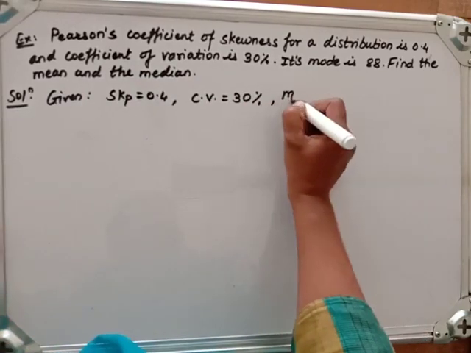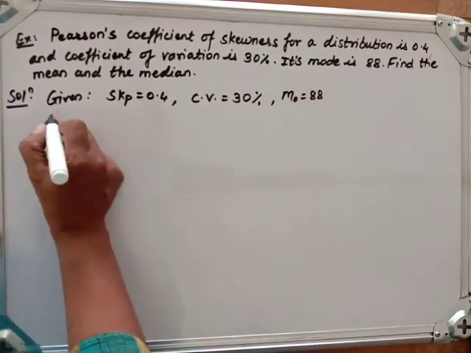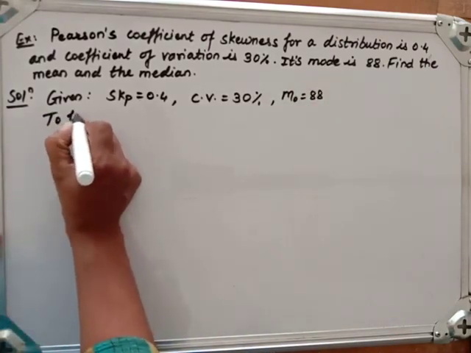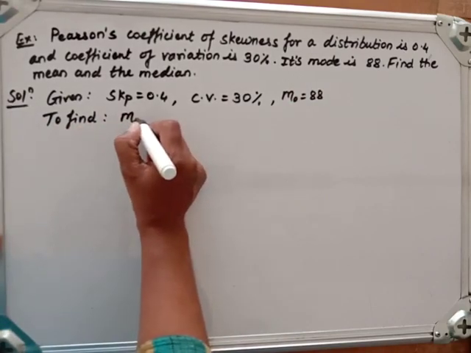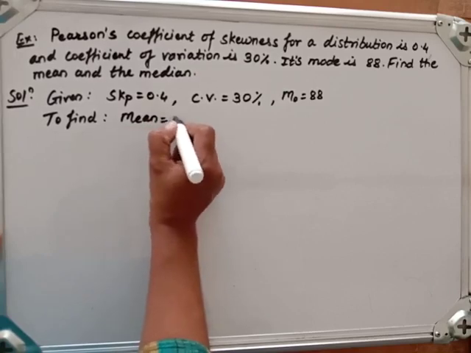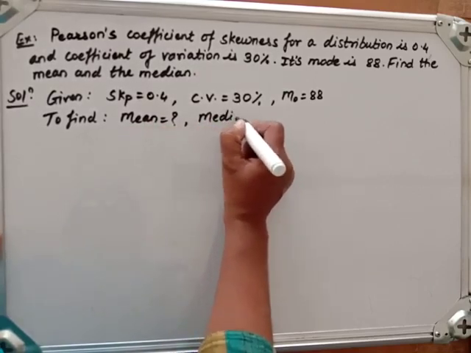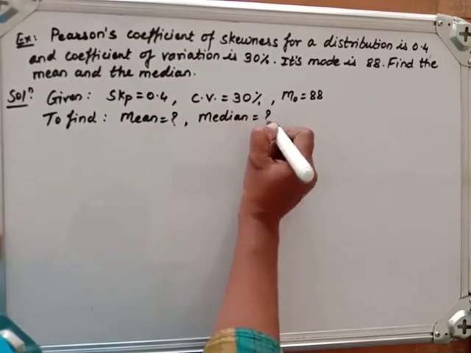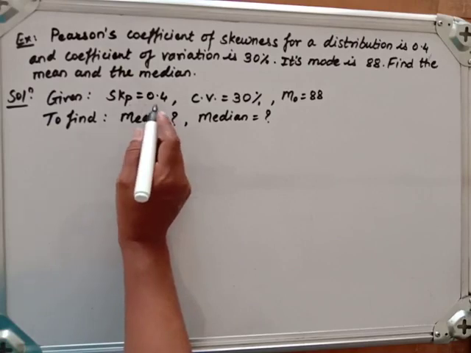Mode is 88. These things are given. What we have to find? Mean and the median. These things we have to determine.